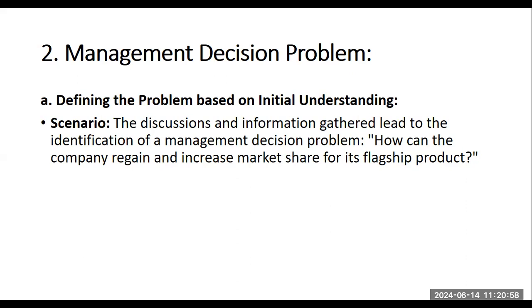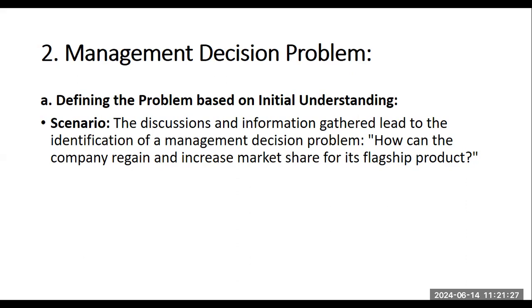So now you can understand this is the problem identification and definition. Define the problem, starting with the environmental context of the problem, then the management decision problem, and finally the marketing research problem. From this example, we can understand the problem definition stage is an essential starting point in marketing research.